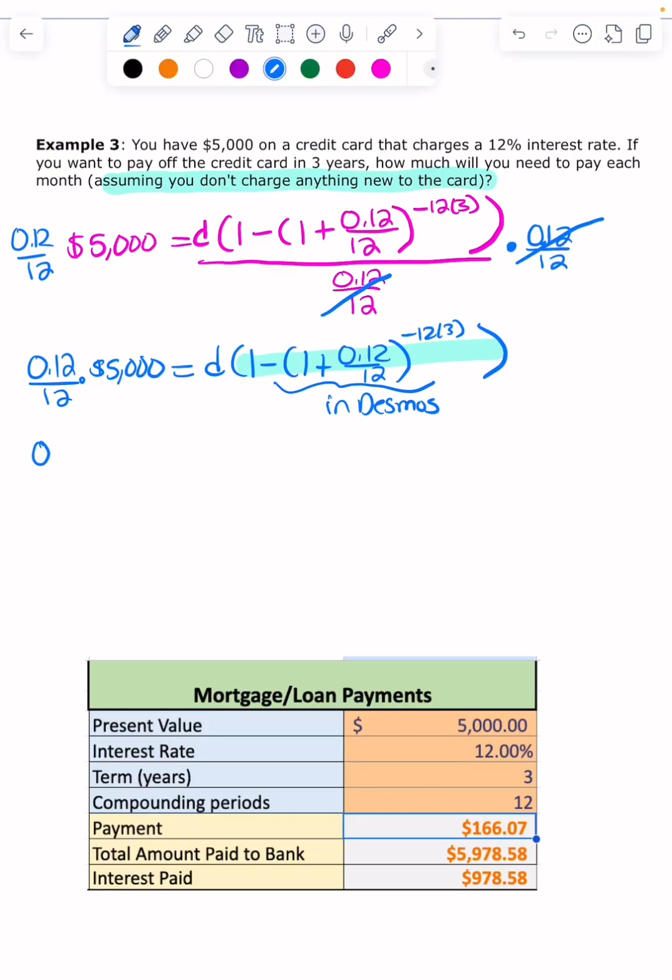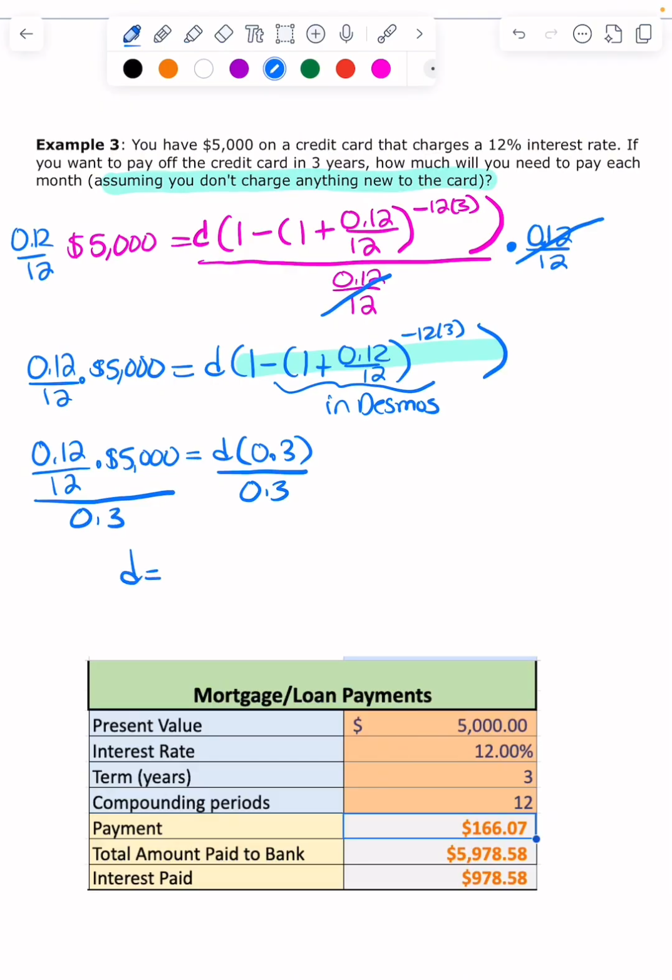So I'm going to bring out the rest of this down. 0.12 divided by 12 times 5,000 equals D, and it's about 0.3. So I'm just going to write 0.3 here, but of course, on the calculator, I'm going to keep all the digits. Then we divide by 0.3 on both sides.